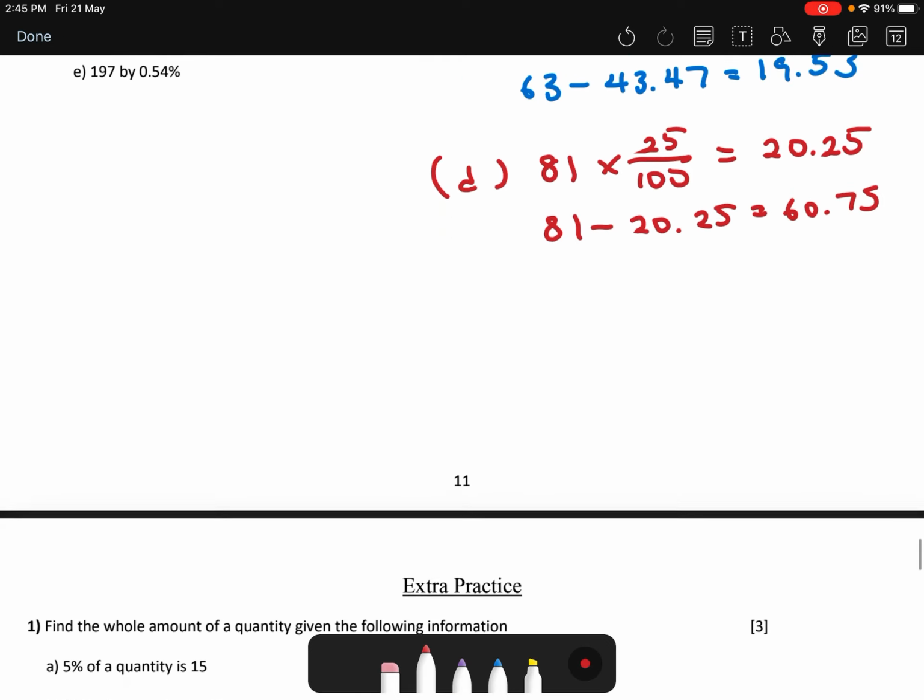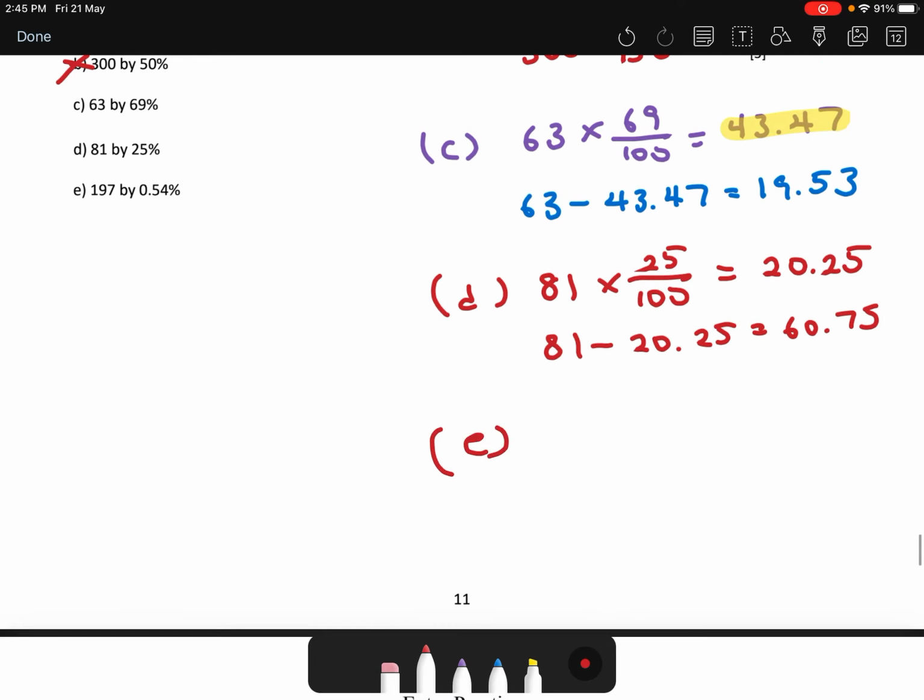Okay, so last but not least, finally, 197, I decrease by about 0.54%. Okay, so 197 times 0.54 divided by 100. So you should get about 1.0638.